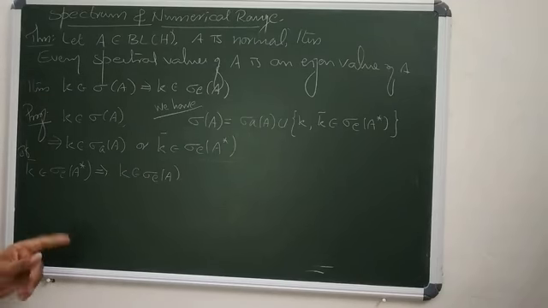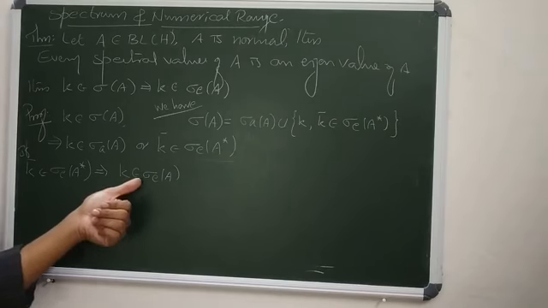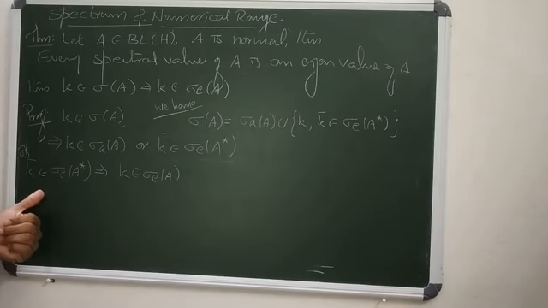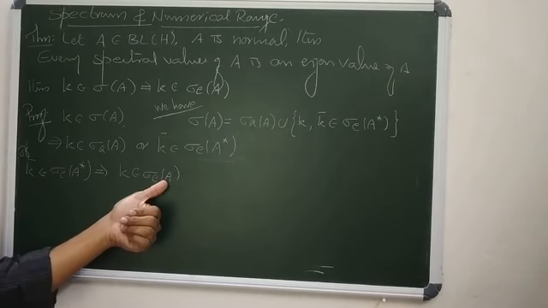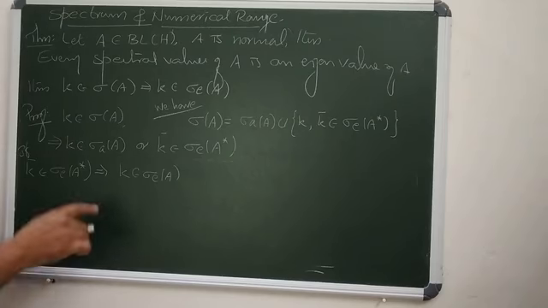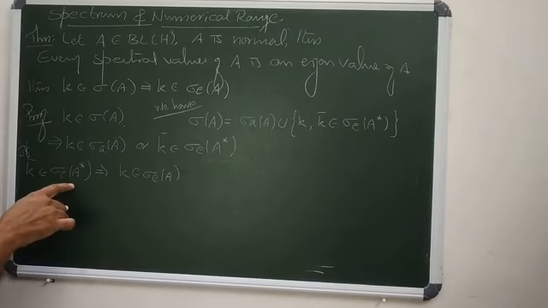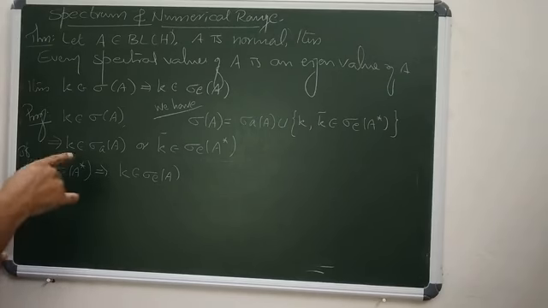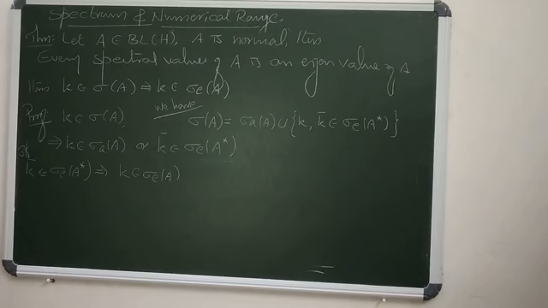Because we proved this result: if k is an eigenvalue of A, then k bar is an eigenvalue of A star. So k bar following sigma E of A star means k following sigma E of A.